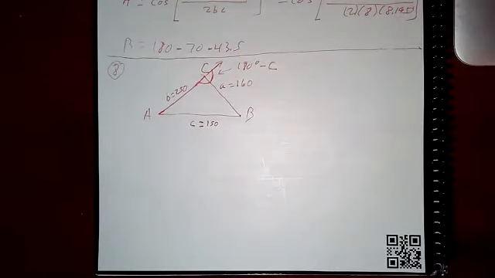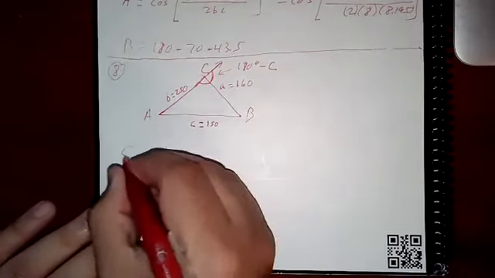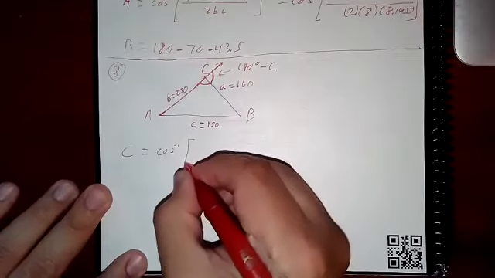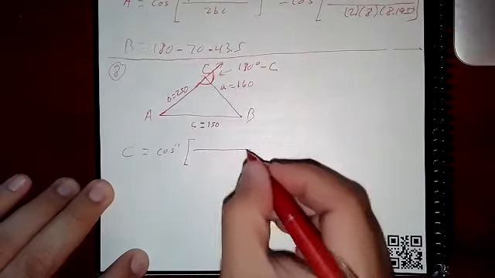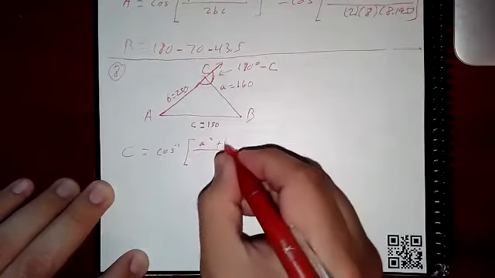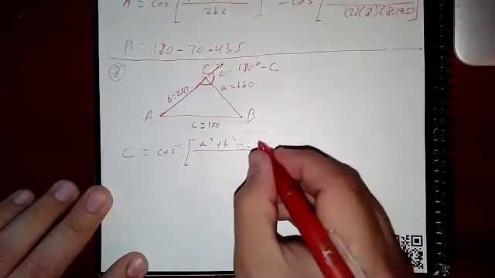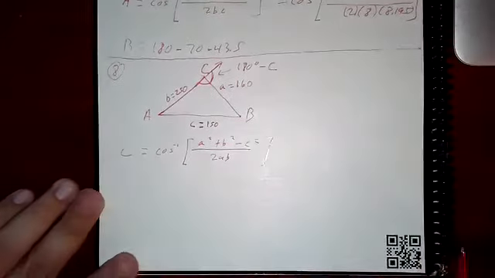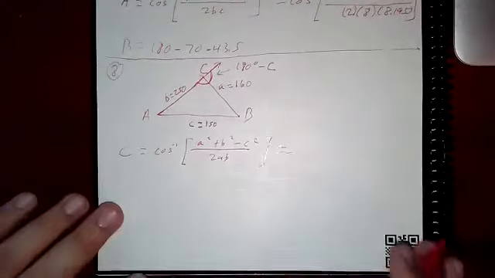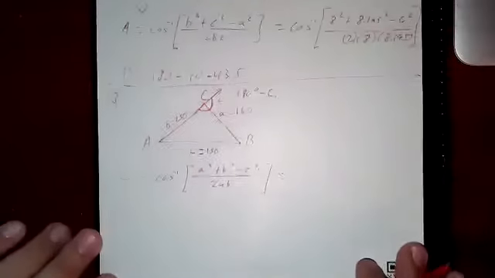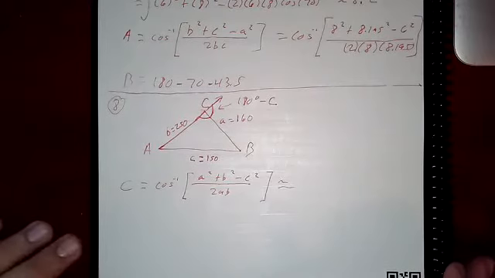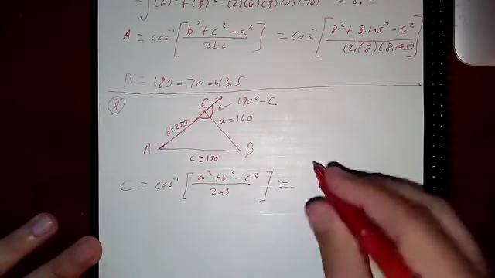The formula we wrote was capital C is equal to cosine inverse of a squared plus b squared minus c squared over 2ab. The hardest part is just trying to figure out the picture, and that sometimes takes reading the paragraph 2 or 3 times till it makes sense. Now plug it all in.